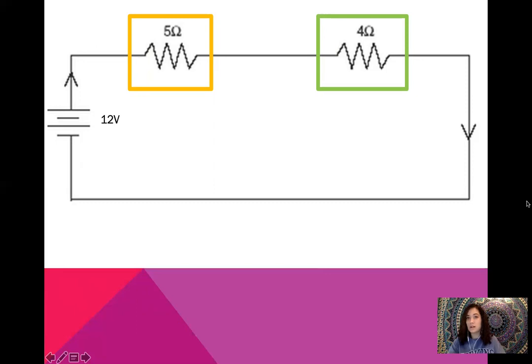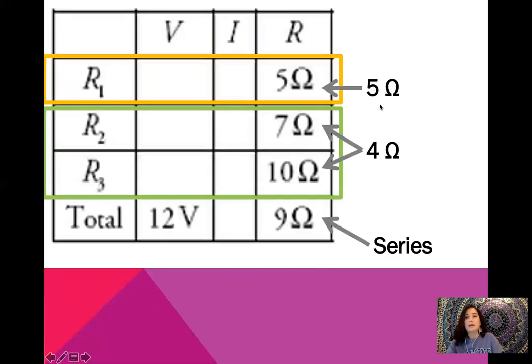It's easy to solve for. We'll add our resistances together to find the total resistance of our circuit. 5 plus 4 equals 9. We now know that the total resistance of my circuit is 9 ohms, okay? We just did a little bit of addition to get 9, and that's what goes right there.